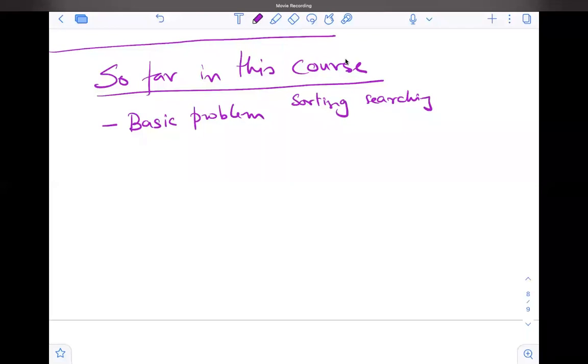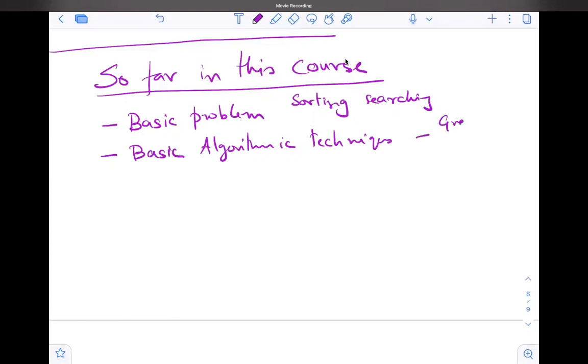We have seen some basic algorithmic techniques like greedy, DP, and recursion.